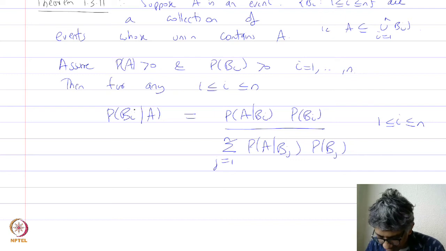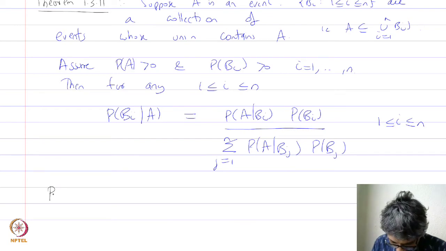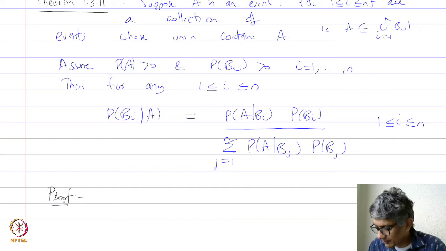So the proof we have already done in some sort in the previous step. I'll just rewrite the proof properly and I'll close with that. The proof is the following.